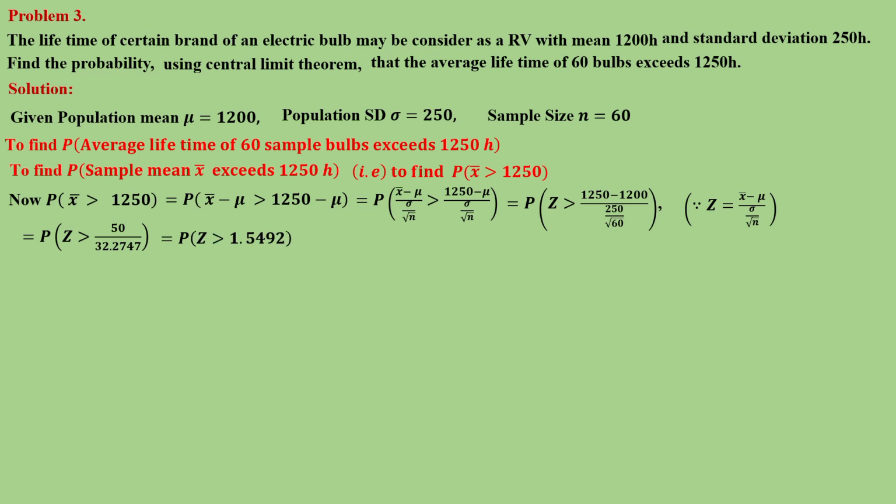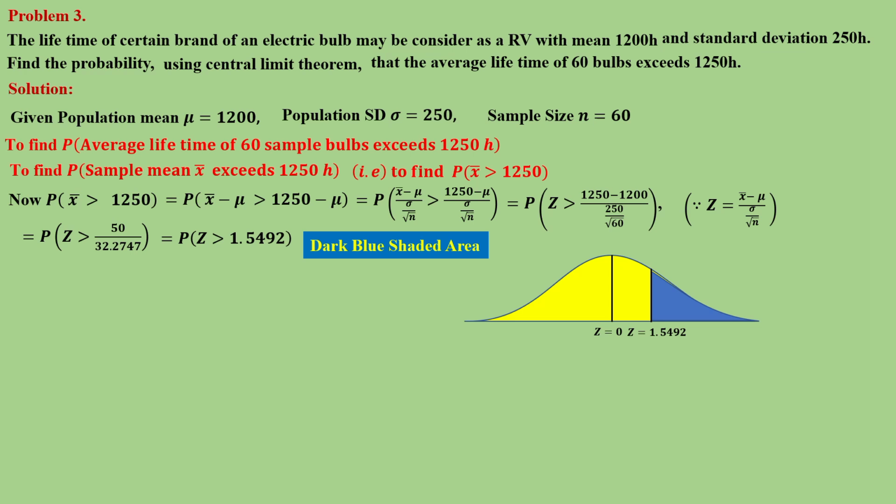1.5492. So the area above the line z is equal to 1.5492 in the normal curve, z is equal to 0, z is equal to 1.5492. Our probability area is this side above that, the dark blue shaded area.